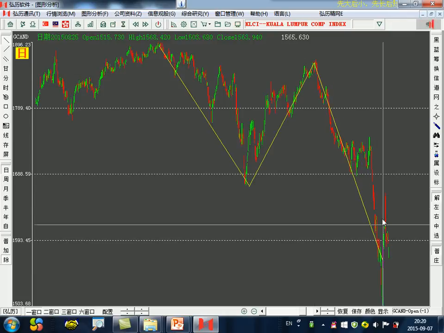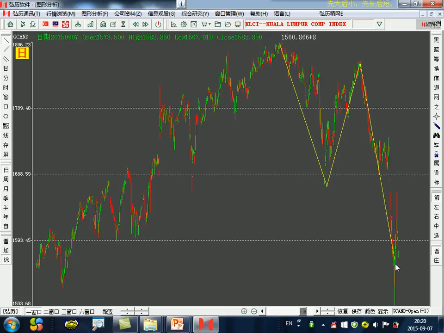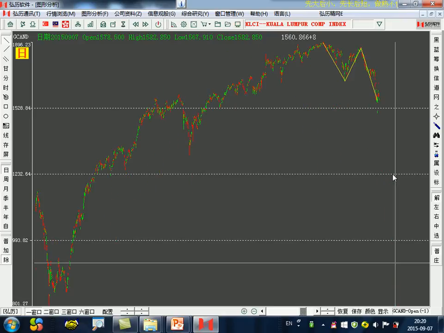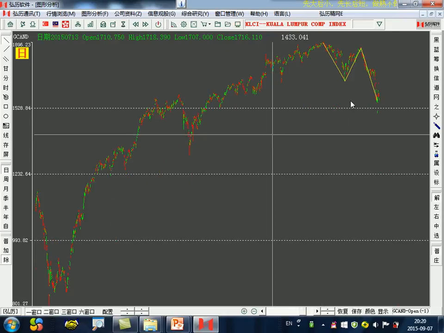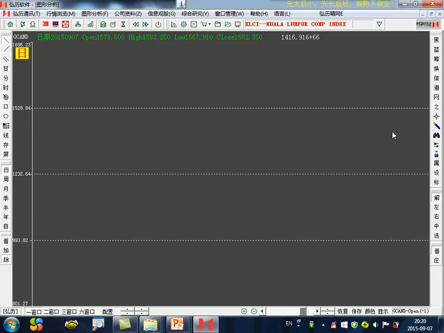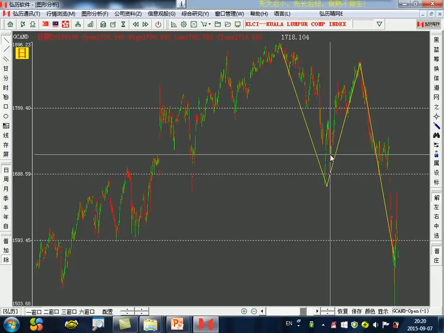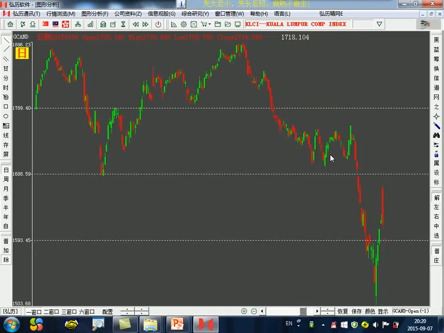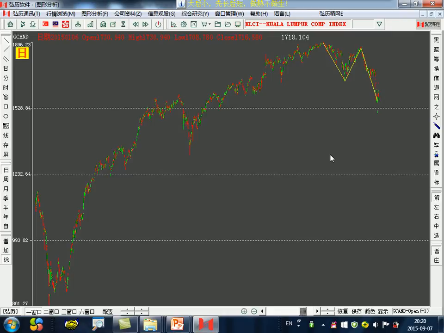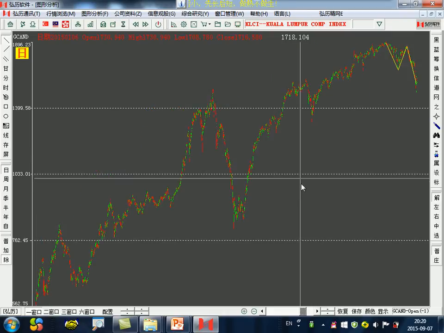But C is not longer yet. I think it goes down further. The third wave should not be shorter than the first wave. Now is the third wave, right? That means maybe it finishes later.